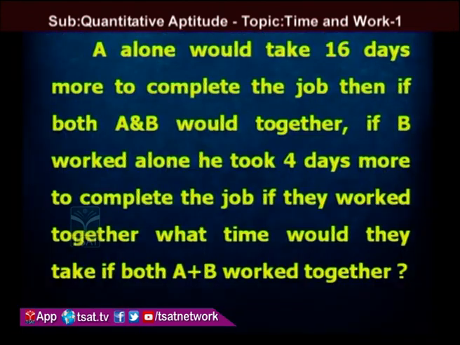The question is, A alone would take 16 days more to complete the job. First, you have to understand the sentences very clearly, statement by statement. A alone would take 16 days more to complete the job than if both A and B worked together.